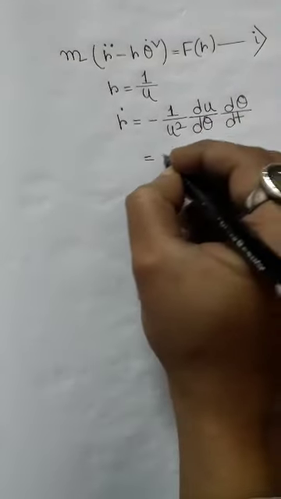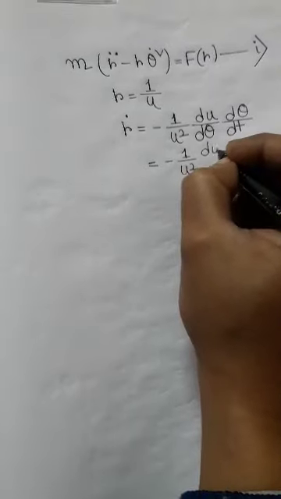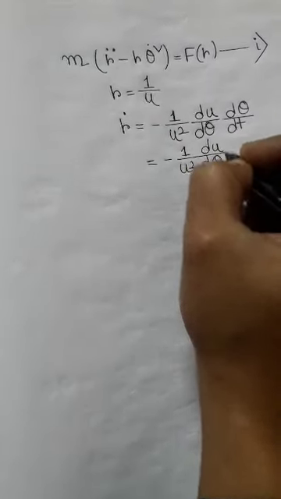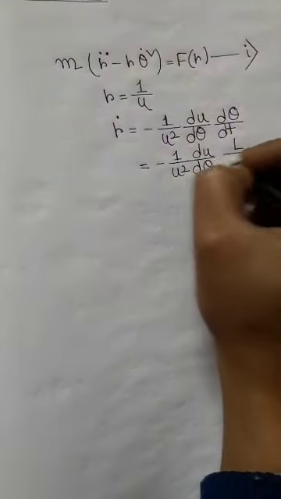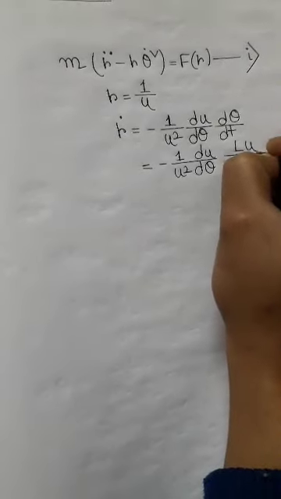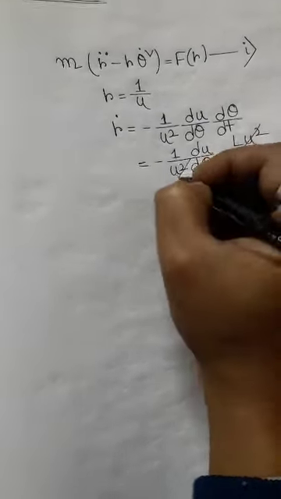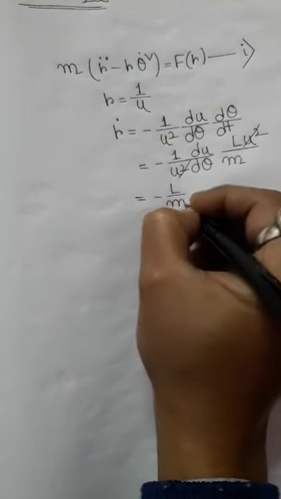Now this is minus 1 by u square, this is du d theta, and we know that L equals m r square d theta dt. So d theta dt will be L by m r squared, 1 by r square, that is u square. So simply this we can write as minus L upon m du d theta.